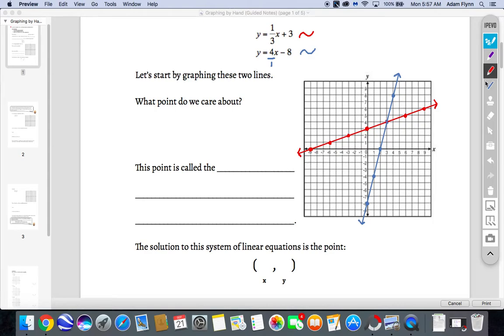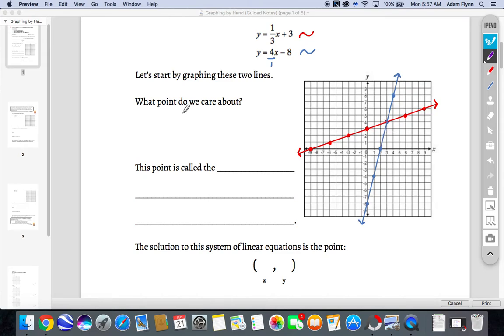Okay, so I have graphed both my lines. But what am I looking for exactly? Okay, so I graphed both lines, but I really haven't presented a solution or a clear solution. So what point here do we care about?